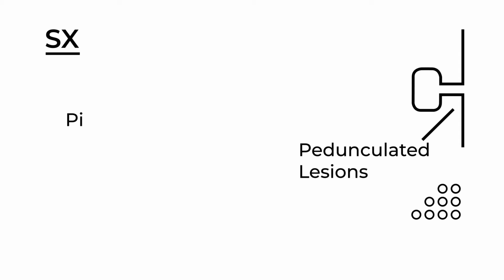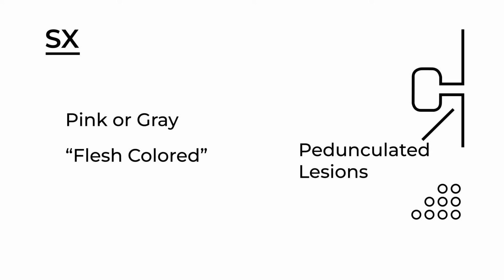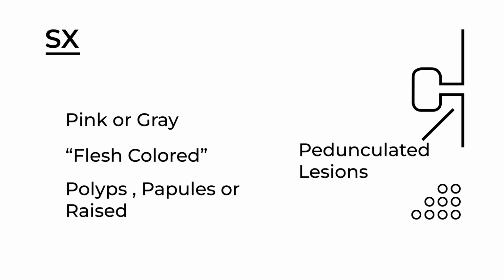They're known to be various colors such as pink or gray, sometimes even described as flesh-colored. And they're described either as polyps or papules or raised lesions. All are appropriate ways of describing them. And as I mentioned, they appear in clusters.